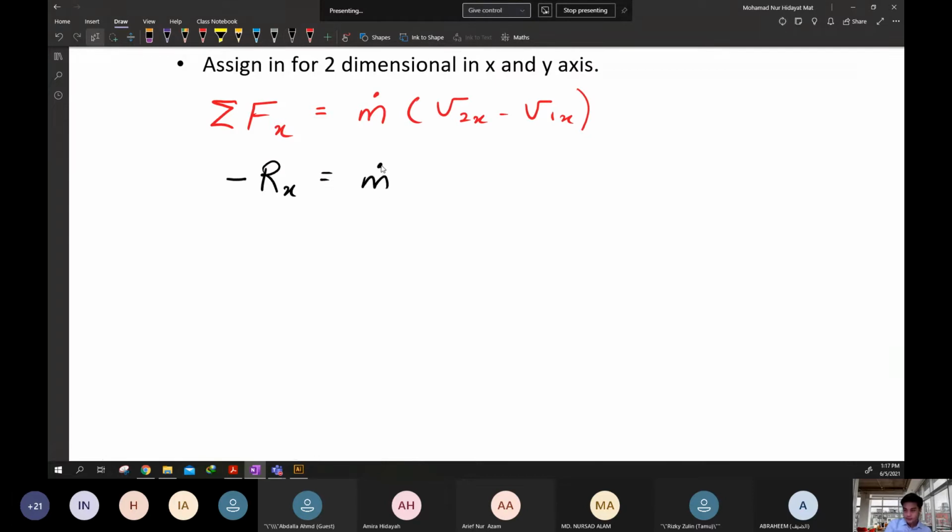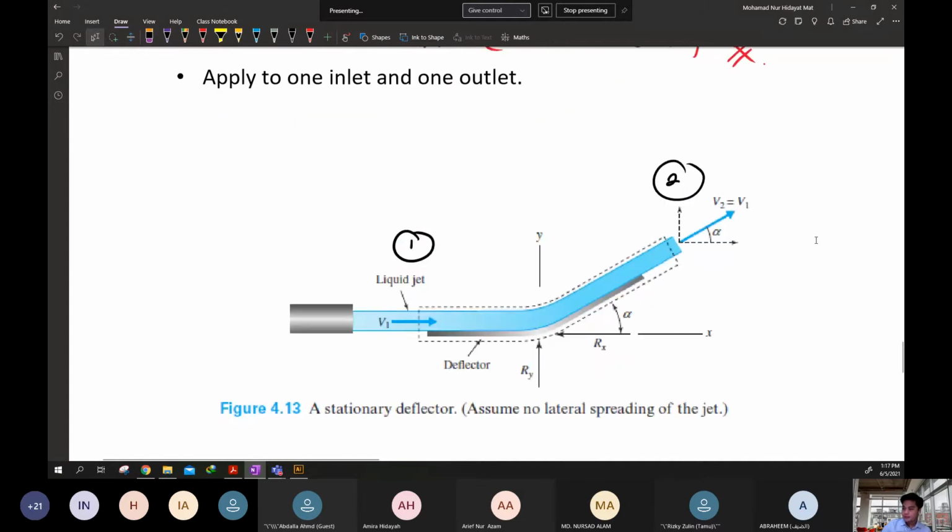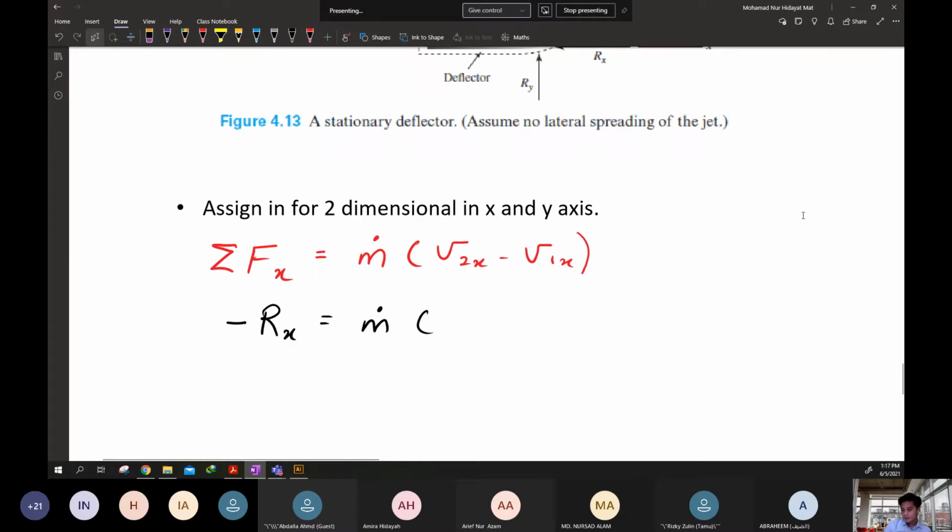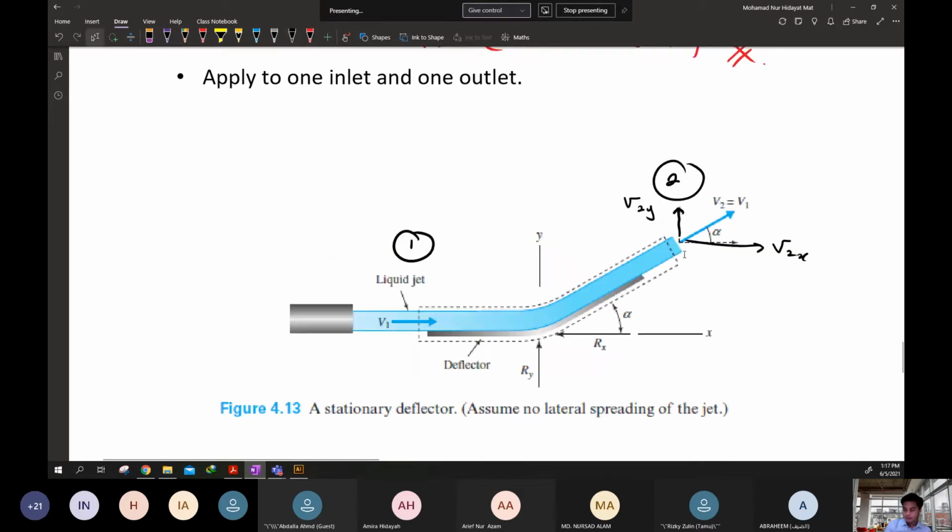The mass flow rate is the same. How to get V2x? This is V2, this is V2x, and this is V2y. How to get V2x? V2 cos alpha. Yes, perfect. V2 cos alpha minus V1. V1 is only one component, right?